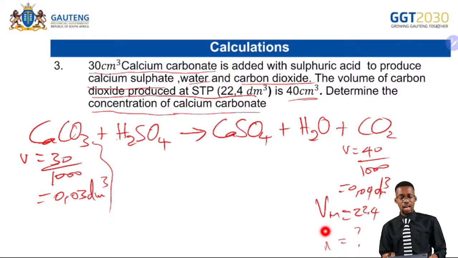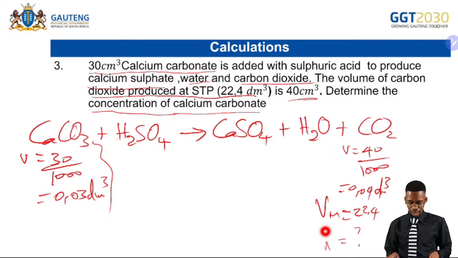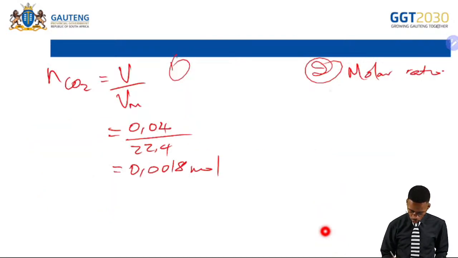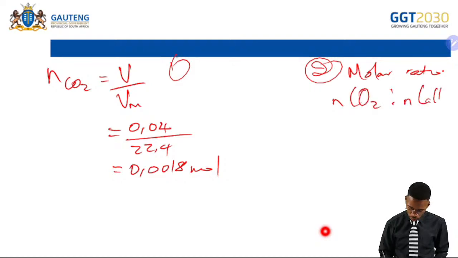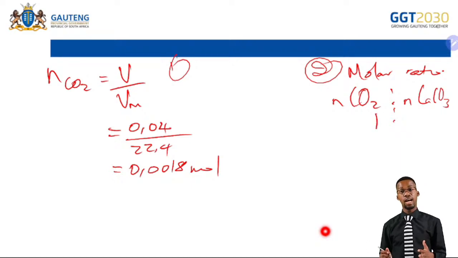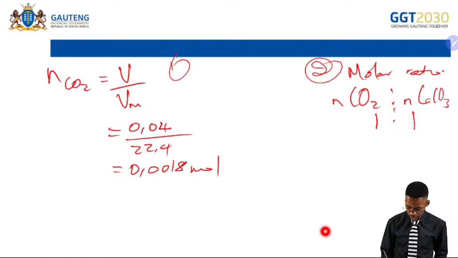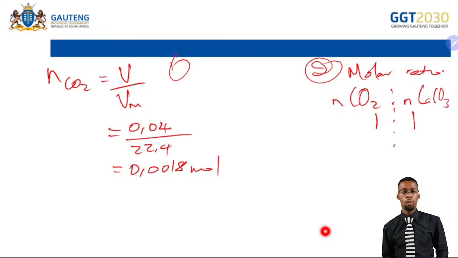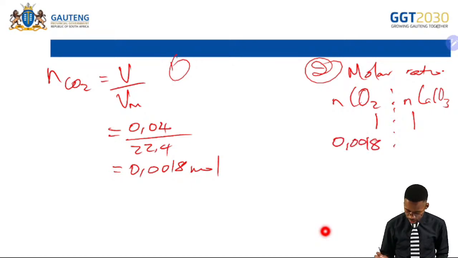And the question wants us to calculate the concentration of calcium carbonate. So we use the molar ratio for number of moles of carbon dioxide against the number of moles of calcium carbonate. The number in front for carbon dioxide is 1. The number in front of calcium carbonate is 1. Then the number of moles of carbon dioxide that we calculated is 0.0018.